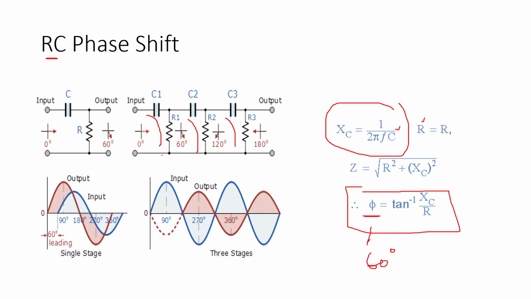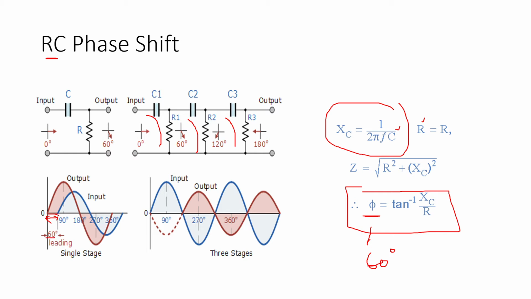For the first phase shift of 60 degrees, we will see in the oscilloscope the input and output shifted very slightly, about 60 degrees.